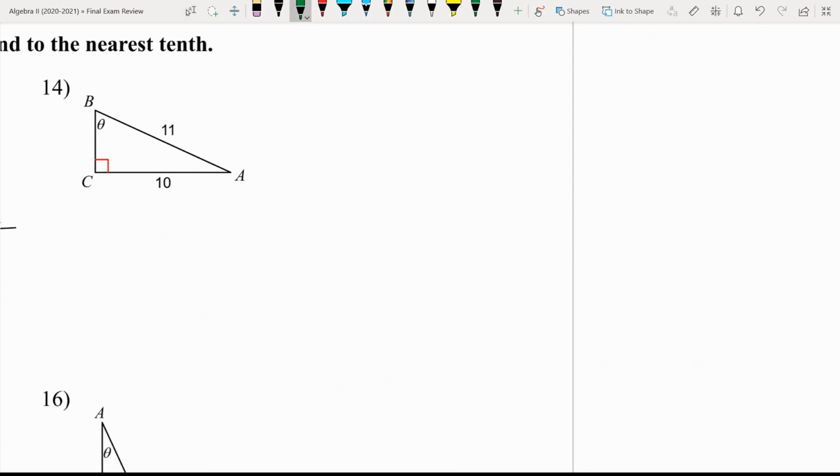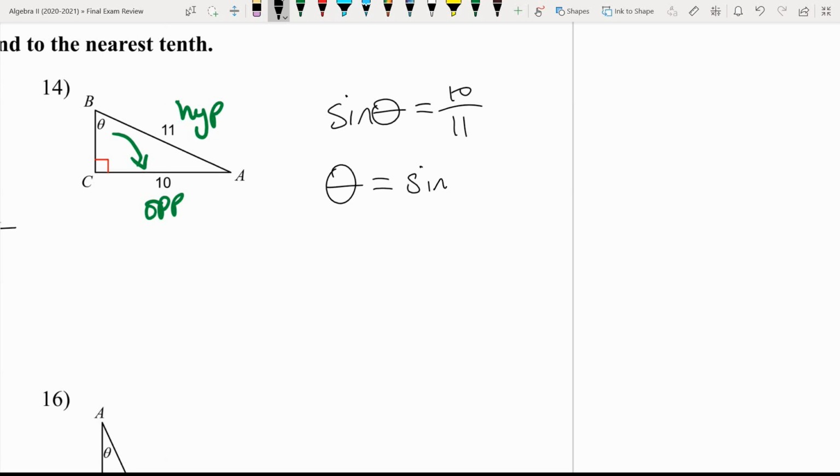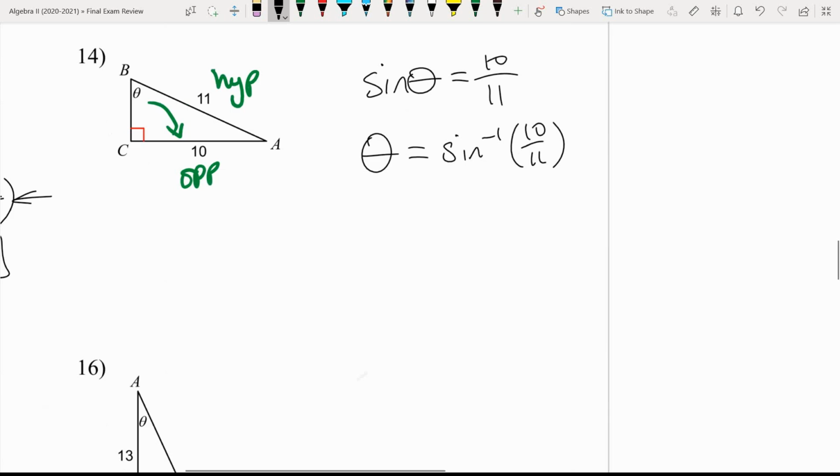From this angle, we got our opposite side over here and our hypotenuse over here. And so it looks like a sine situation again. So sine of theta equals opposite, which is 10, divided by 11, the hypotenuse. So theta will be equal to the inverse sine of 10/11. So just got to plug that in your calculator.